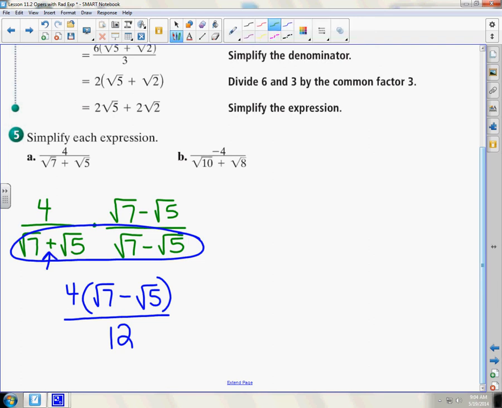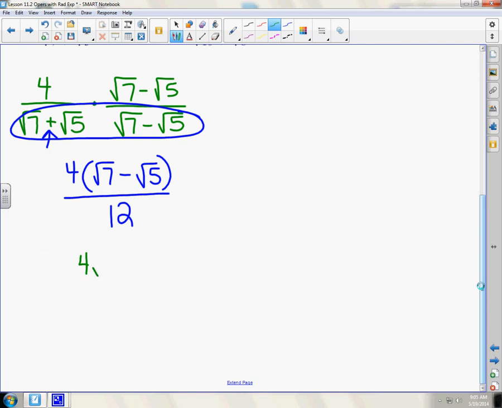Okay. Now, when you do this, you have 4 times the square root of 7. So 4 times the square root of 7 just looks like that. Minus 4 square root of 5 all over 12. If I look at this, these are different radicals, so I can't combine them.